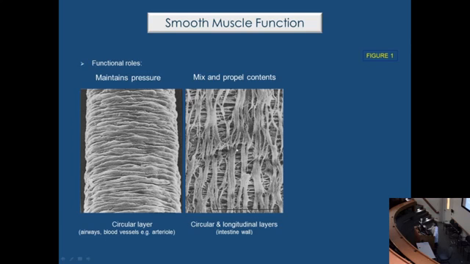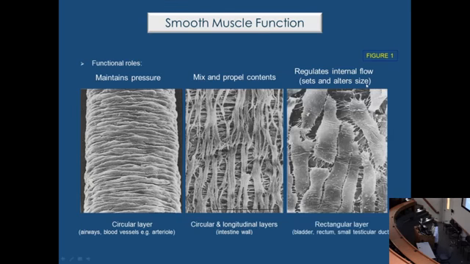And this is what will guarantee the peristalsis, right? Because you find this arrangement in the intestine wall, and their activity will result in the mixed propulsion of the contents.